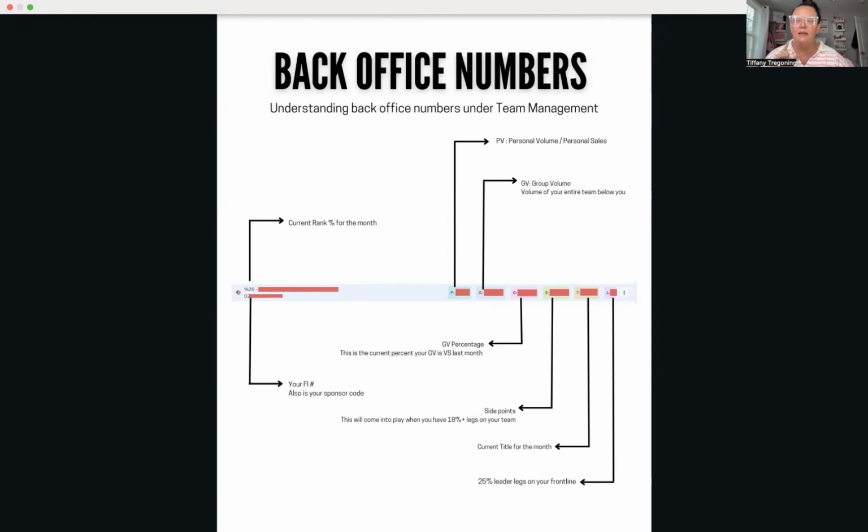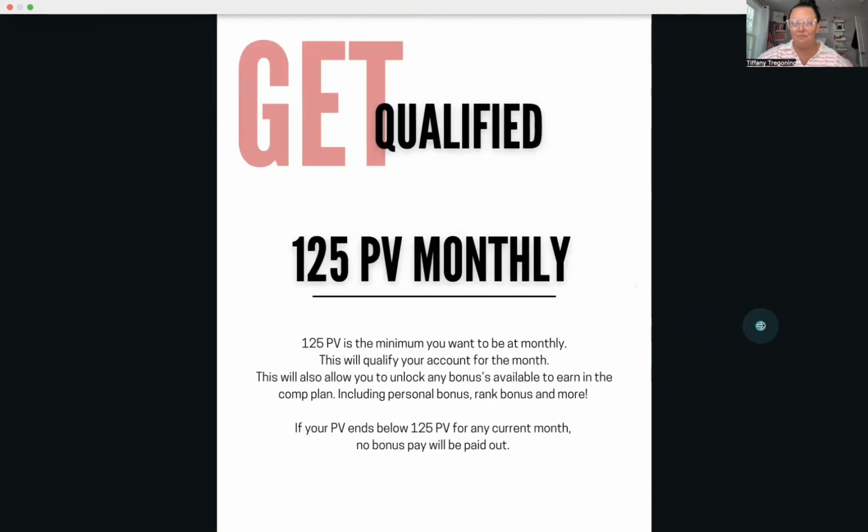And that's going to be that current title in the current month that you're looking at. And then the last thing is for the L column, that is going to be your legs. That is how many 25% director legs that you have on your front line underneath of you. Okay, so even if you're not at these points yet to look at these numbers, at some point you will be. So it's good to know what all of these numbers mean.